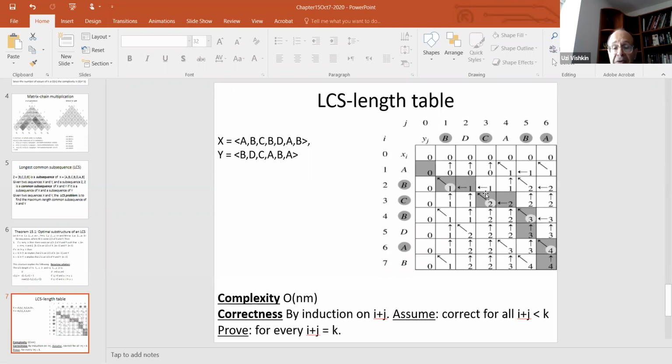So, for example, if we look at this point, this prefix from here is of 3 elements. The prefix from here is also of 3 elements. And the fact that you have 2 here means that the longest subsequence between these two prefixes has 2 elements.